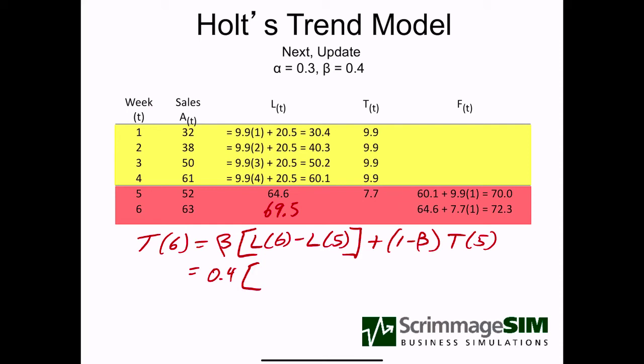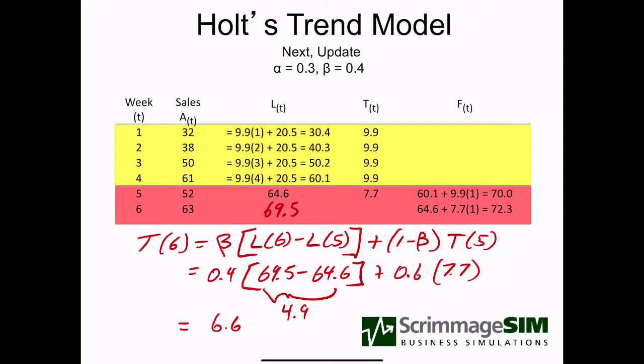The level in period 6 we now estimated as 69.5, minus the level in period 5 was 64.6. This difference is 4.9. We're going to take 0.6, 1 minus beta is 0.6, times what we thought the trend was, which was 7.7. So we thought the trend was 7.7 previously. Since we overforecast, it looked like 4.9. So we're going to make an adjustment and have a new trend value of 6.6.